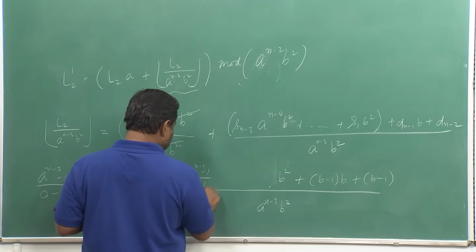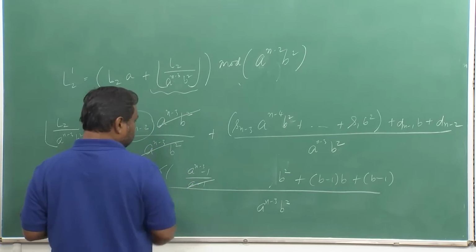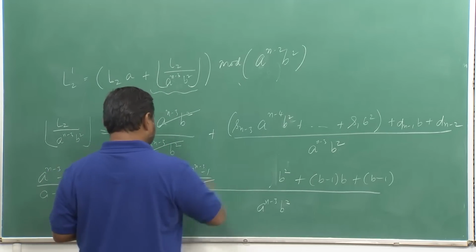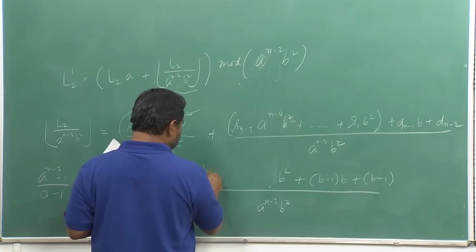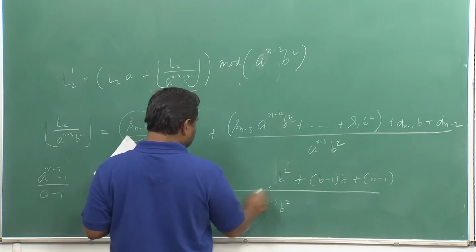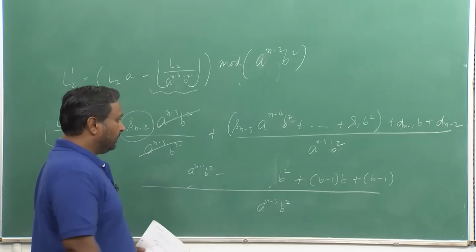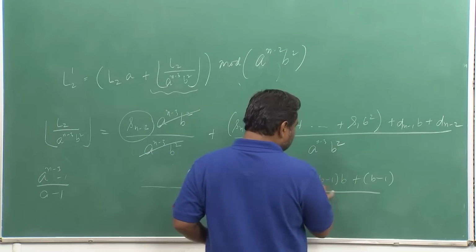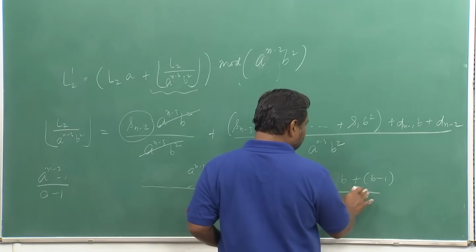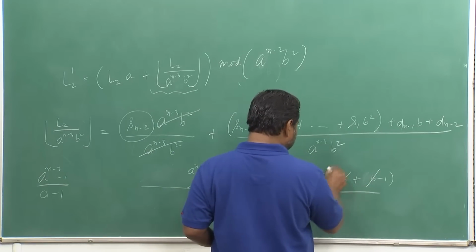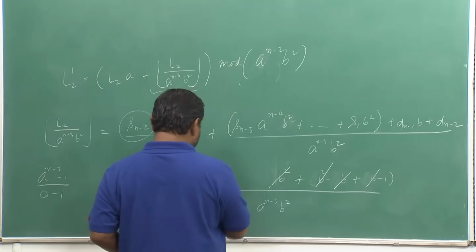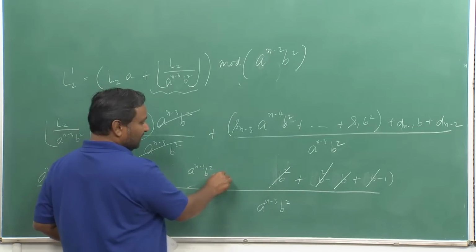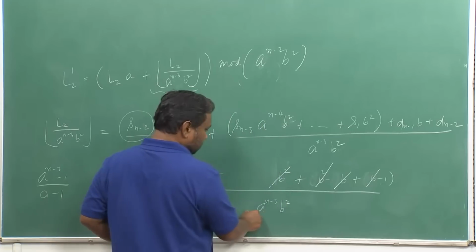So, this will cancel with this. So, I can actually remove this one and b square gets multiplied to both sides, minus b square. So, this also now I can write b square minus b. So, b cancels with this, b square cancels with this. I have a term a raised power n minus 3 b square minus 1 divided by this.